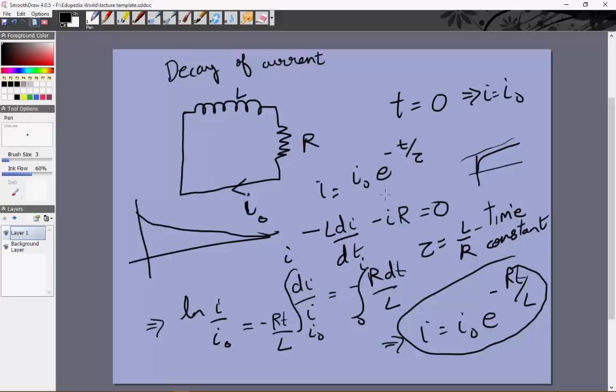Here the time constant of the circuit is equal to L by R, and it has the same meaning as it did in capacitors. The time constant is the time in which 63% of the maximum current is reached if we are growing current, and 63% of the current has decayed if the current is being decayed. Right, that is one time constant in which the current decreases by a factor e. If t is equal to L by R, then at that time I will be equal to I naught by e, which is basically I naught decreased by around 63%.